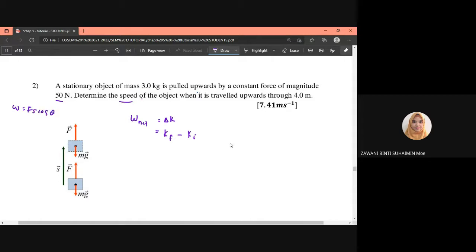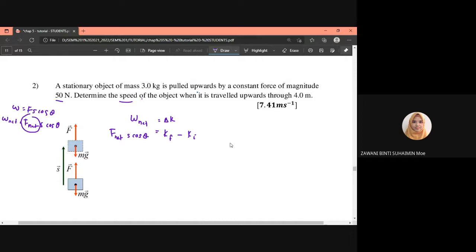Since here in the equation is work net, so maksudnya work net is equal to F net s cos theta. So meaning we need to study what is the total force acting on the system.